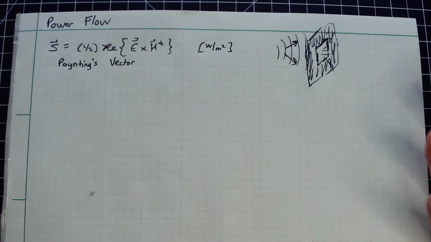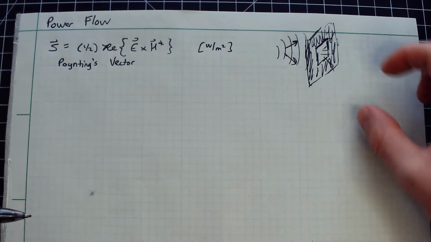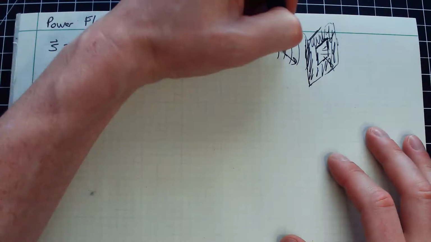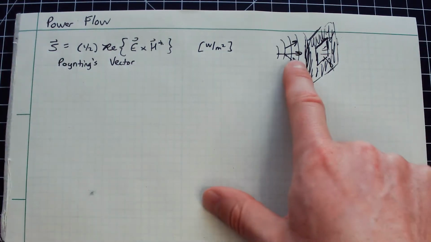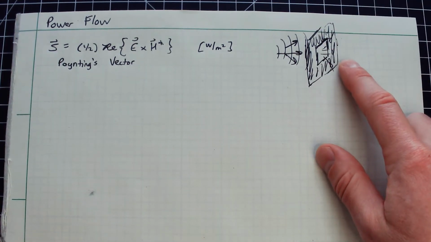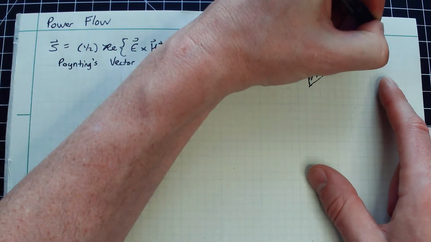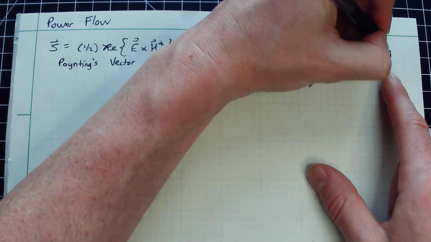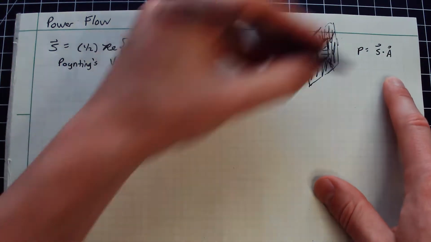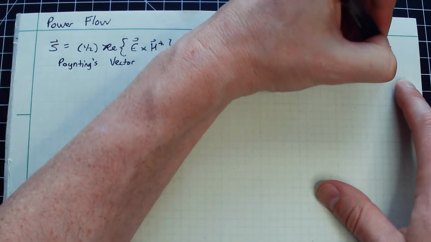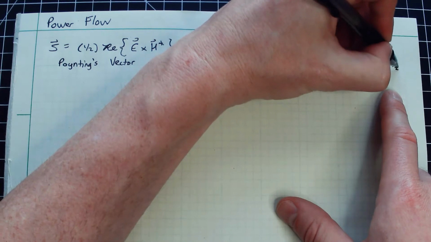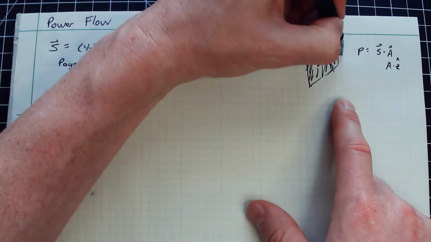And the way I would add it up into real power is, you can imagine if I have some real power flowing here, I would capture it in this aperture. And so the power would be my Poynting vector times the area. By area, you can imagine the length times width, with a vector associated with it, its normal.